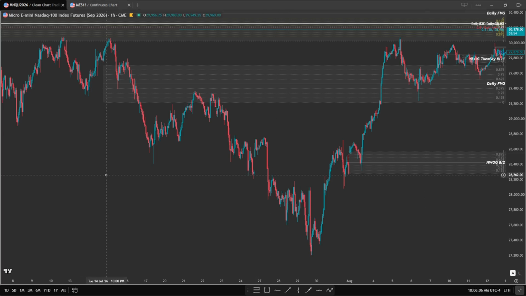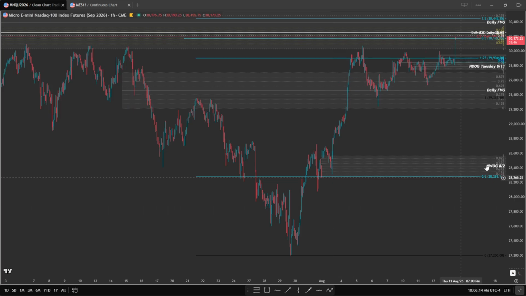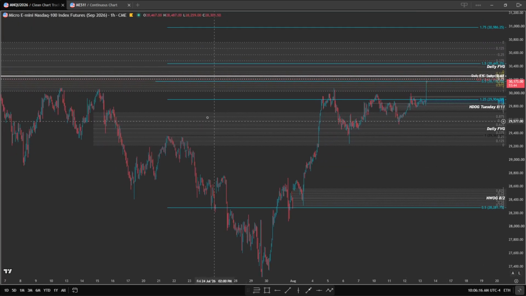So the measurement from this high to that low, projected forward, gives you this, and that's where this consolidation started. And then the next projection is all the way up here above the daily fair value gaps midpoint. And then if you measure that level and this level, the midpoint is right here. And that's where we're trading right now.